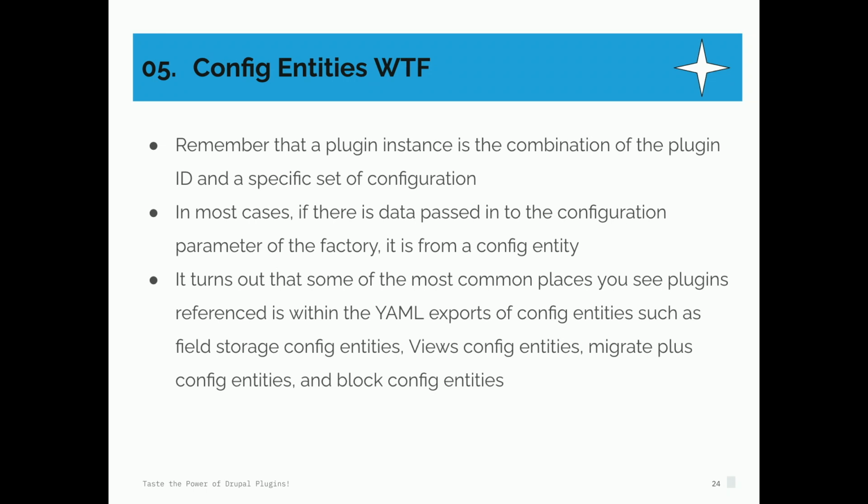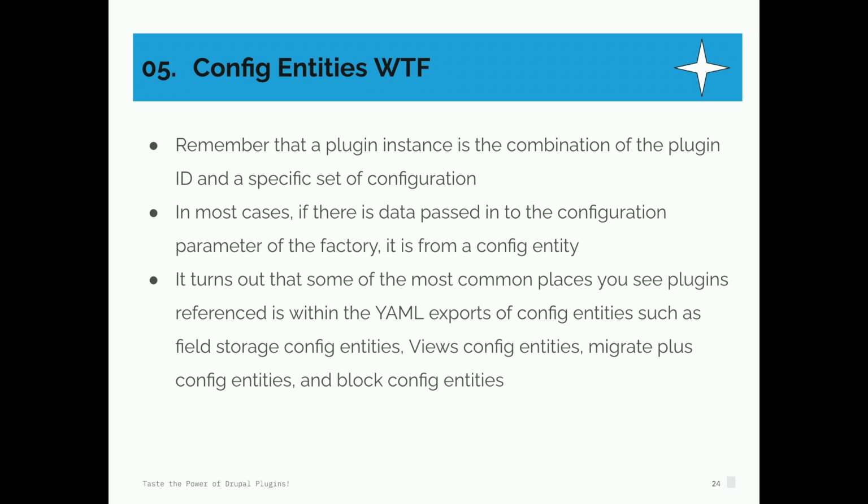I showed you that in that first YAML example, that one of the most common places you see plugins referenced is in the YAML export of config entities, such as that field storage config entity. If you look at views config entities, migrate config entities, block config entities, they're referencing the plugin ID, and they also contain the configuration values that are needed to make that specific plugin instance.